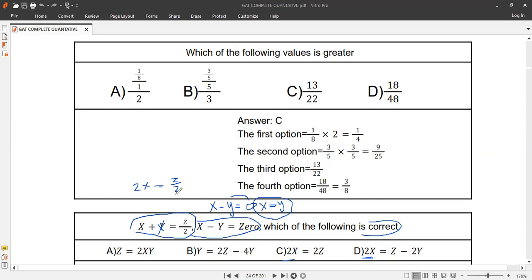Now I make cross multiplication. So I look for the choice which has z alone.